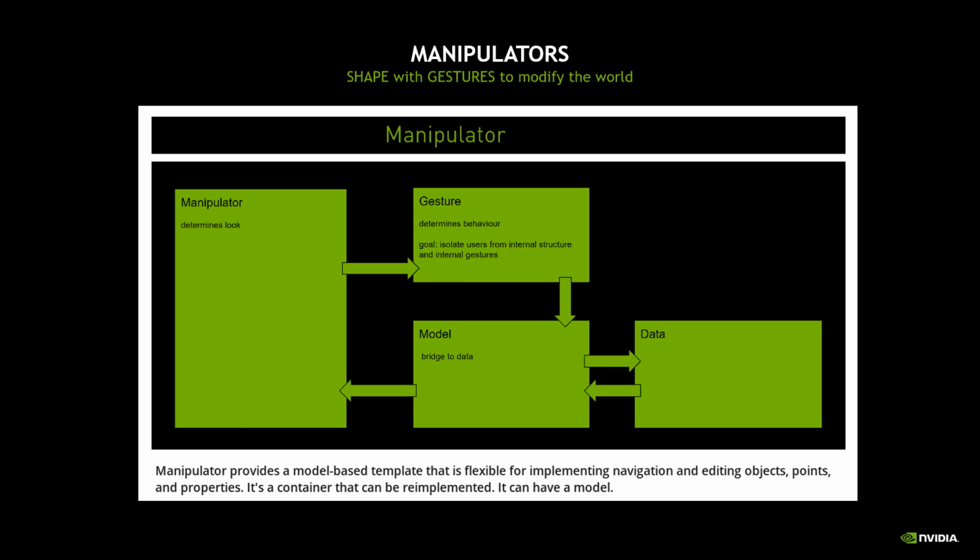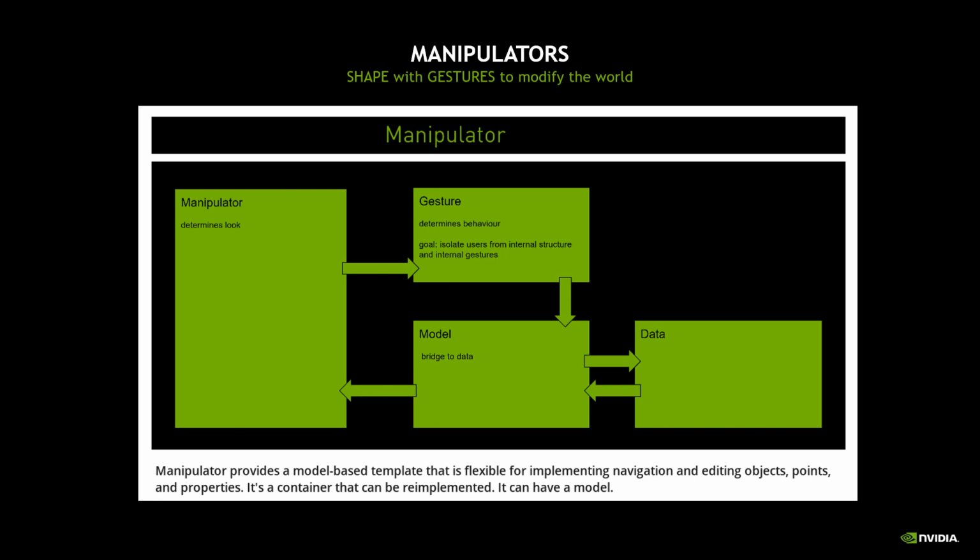We've talked about shapes, so they represent things in the world, objects, shapes of some kind. Gestures are interactions between the mouse or the VR, haptics or other ways between the user and these shapes. They create intersections and they calculate some motions around those, and those get passed to a model.